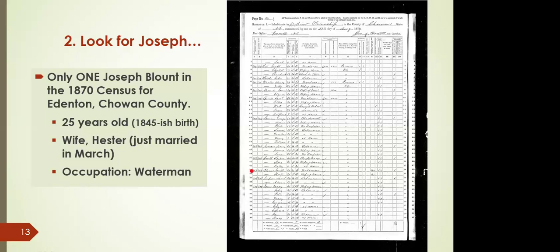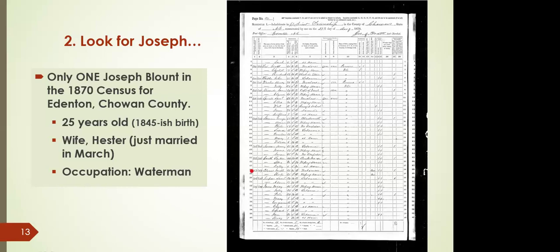And so I'll come back to that later about why that was such an important piece of information for me. So I began to study this particular Joseph. I still don't know that he is the Joseph from the sale, but it's worth looking into.